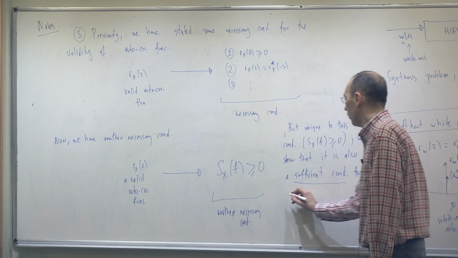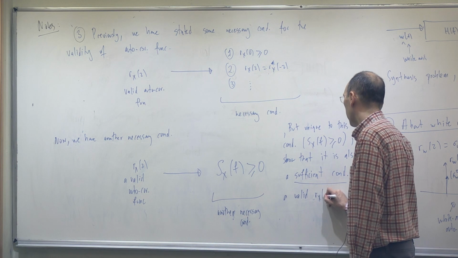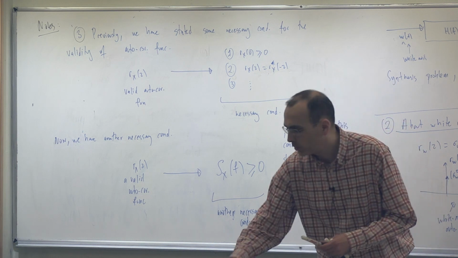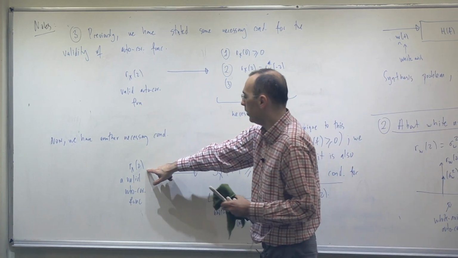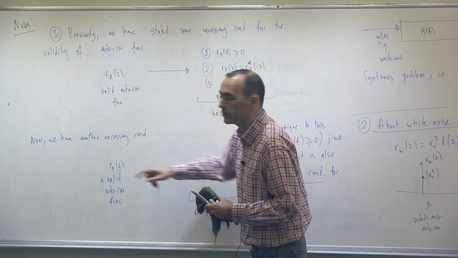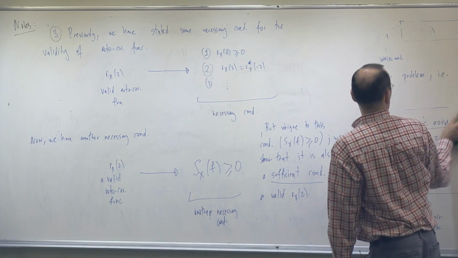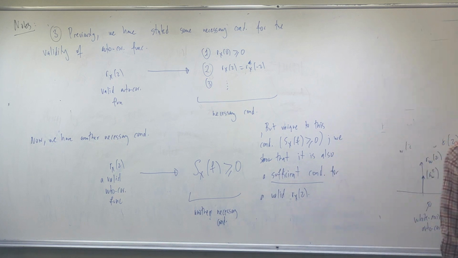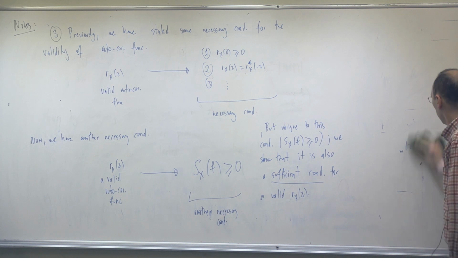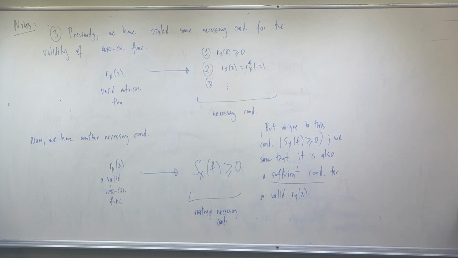Sufficient condition for a valid Rx of tau. So what do I mean by this? Previously they were all necessary conditions because I was starting from Rx and deriving some properties from it. Now the issue is, if this condition is satisfied, I am sure that I can find a process with a valid autocorrelation matching Rx of tau.